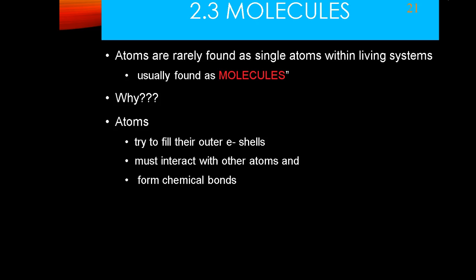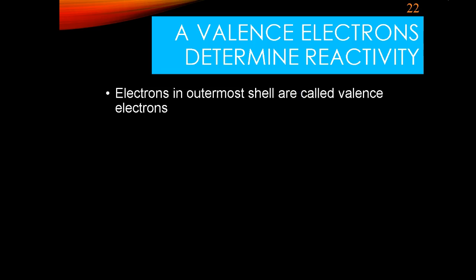So let's look at those outermost electrons, because it says here that valence electrons, which are the outermost electrons, determine reactivity. So how do we know that something's reactive or non-reactive? Well, something's reactive if the outermost shell isn't complete. We have fewer than the number of electrons that are allotted.